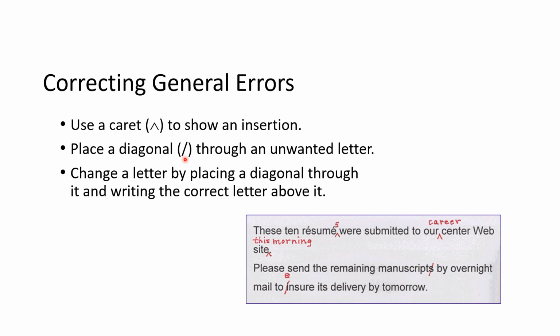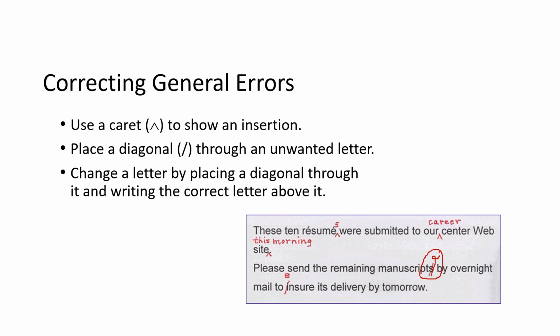Okay, so you may also use the diagonal mark to delete an unwanted letter. Sometimes it looks like this. In some books, it looks like this. It looks like a pig's tail, which means delete. Okay, so don't forget that.